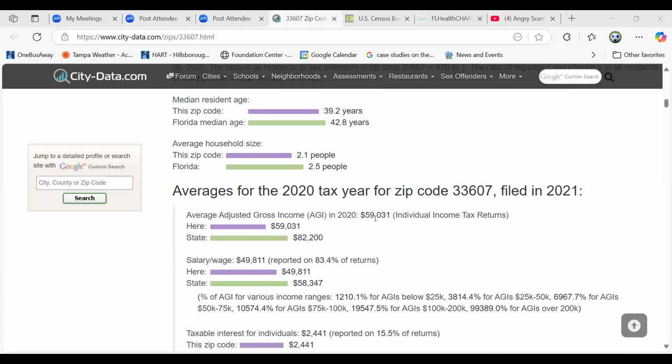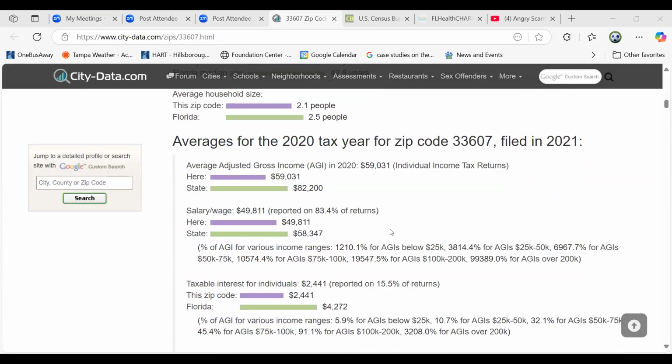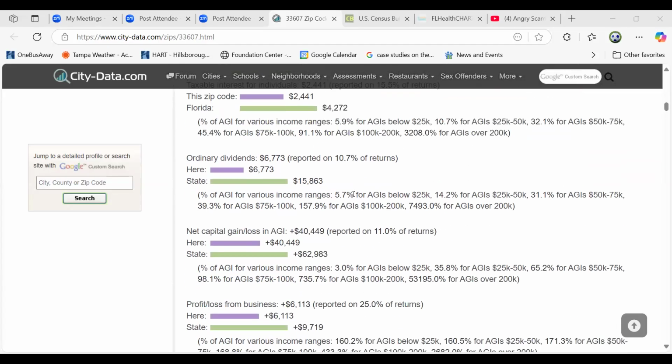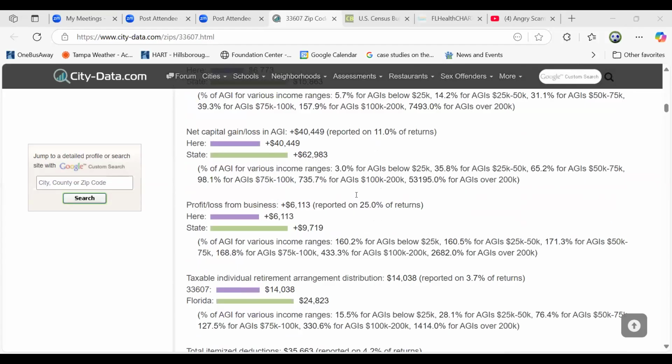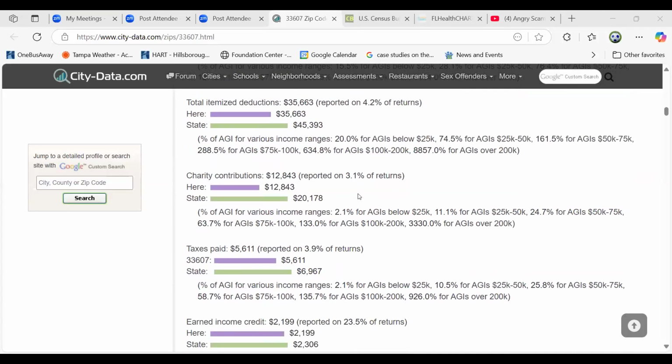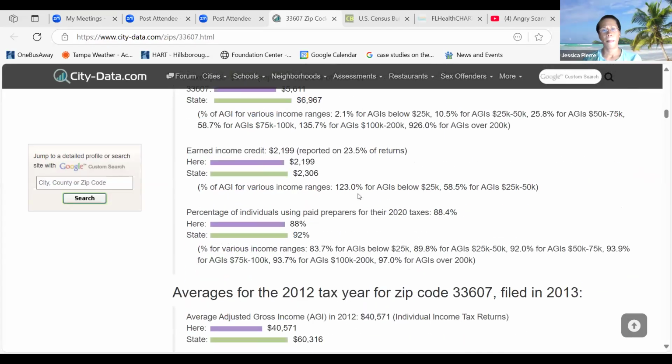Okay, so we can also find out, and this is not important, the average person that filed for taxes and what they received back. You can get information like the average wage in that particular neighborhood. See all this information that you can get.